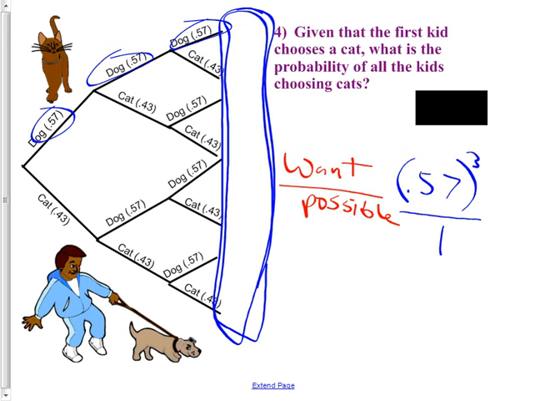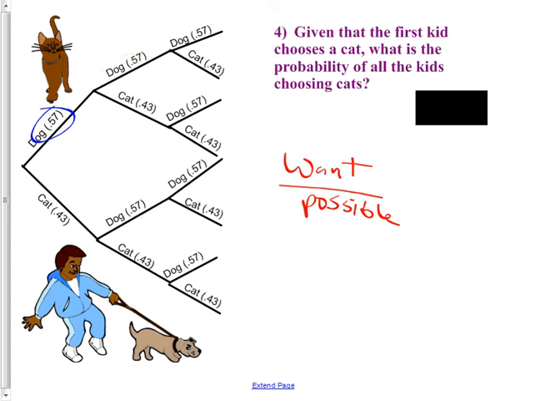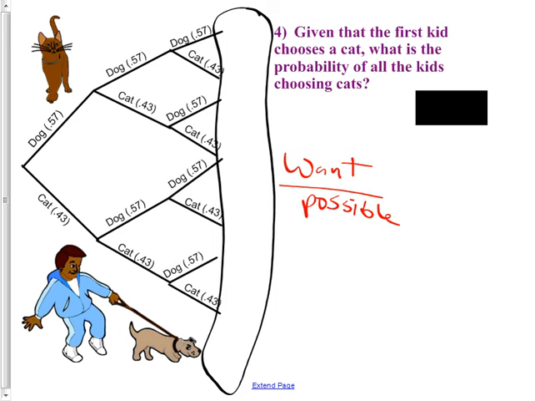Not everything is possible now. Given that the first kid chooses a cat, do you get that not everything is possible? Some of these over here are not going to be possible. They're not allowed. They're not in the possible range here. So what I'm trying to figure out is what should be possible, given that the first kid chooses a cat.